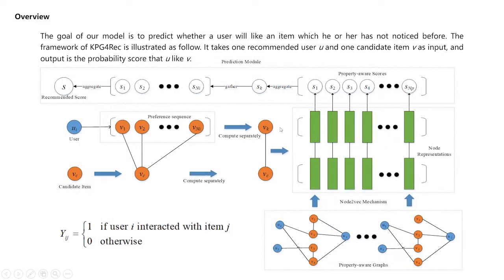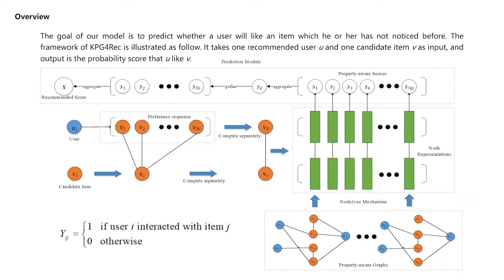We give a formulation of the recommendation problem in this paper. The matrix of user-item interaction is defined as Y. If a user Ui has an implicit interaction with an item Vj before, such as behaviors of browsing or clicking, then Yij equals 1, otherwise 0. In addition to Y, a knowledge graph is also available.